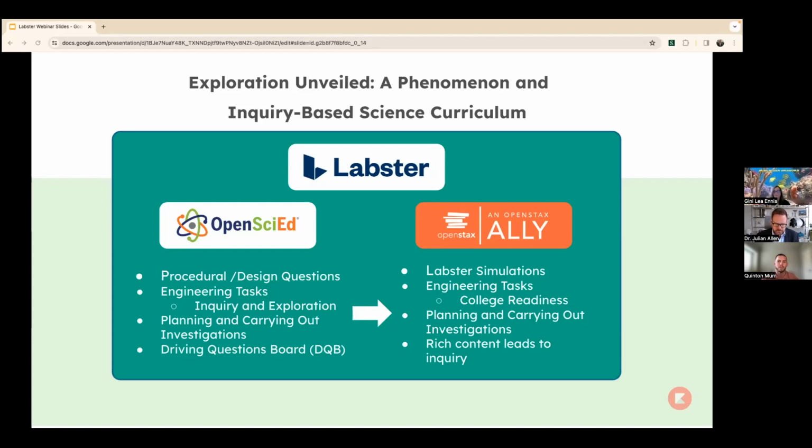They're aiming to better equip all students for advanced science studies and college sciences, and that speaks to your point there, Dr. Allen. We don't want kids getting to that next level and coming in unprepared. So we believe OpenStax, with its rich, comprehensive content, is undoubtedly going to help prepare students for future success.